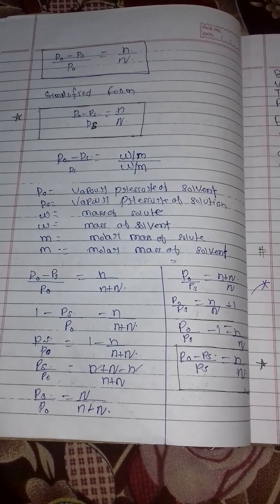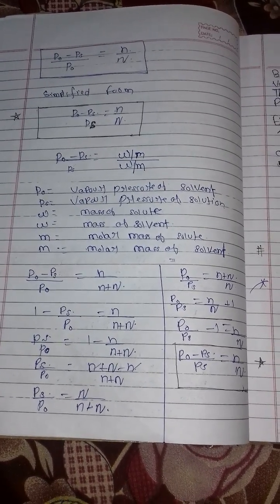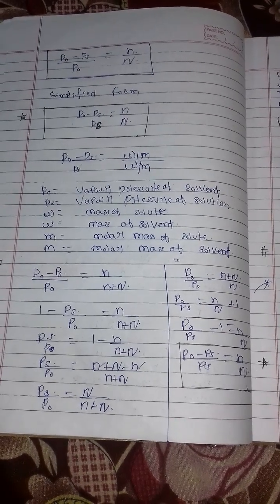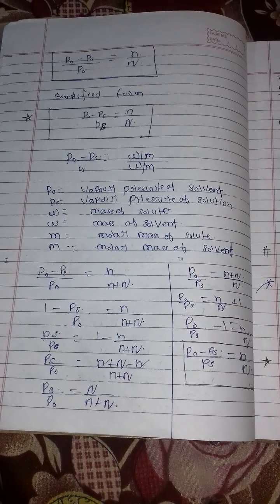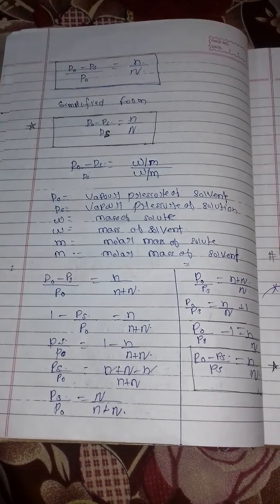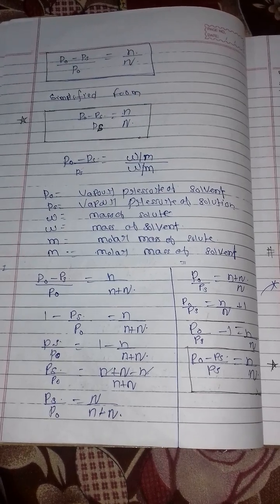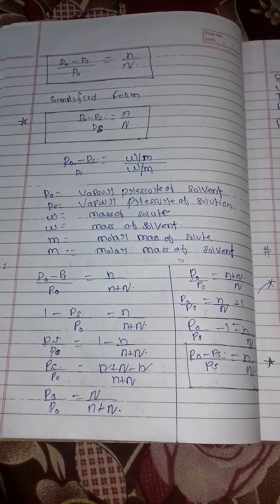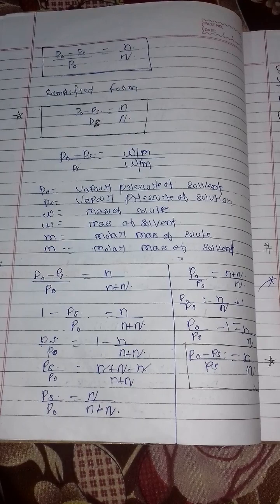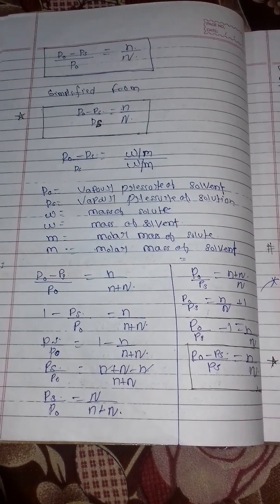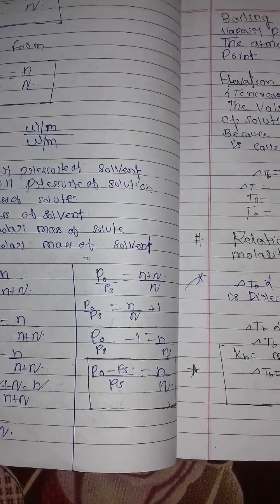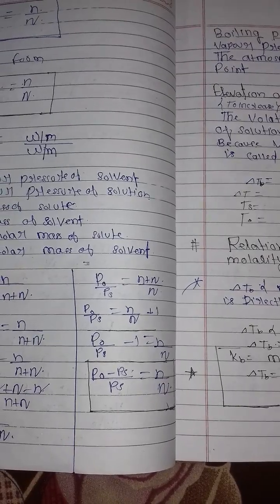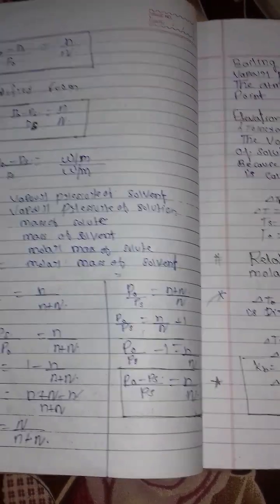P naught minus Ps upon P naught is equal to n upon n plus N. 1 minus Ps upon P naught is equal to n upon n plus N. Ps upon P naught is equal to 1 minus n upon n plus N. Ps upon P naught equals n plus N minus n upon n plus N. By this we can prove P naught minus Ps upon Ps equals n upon N.